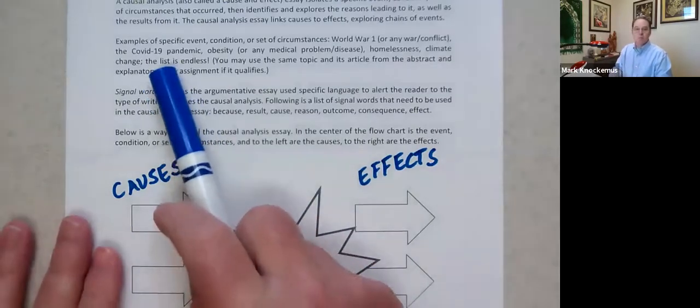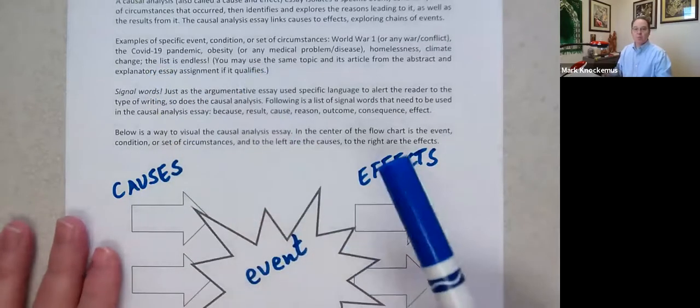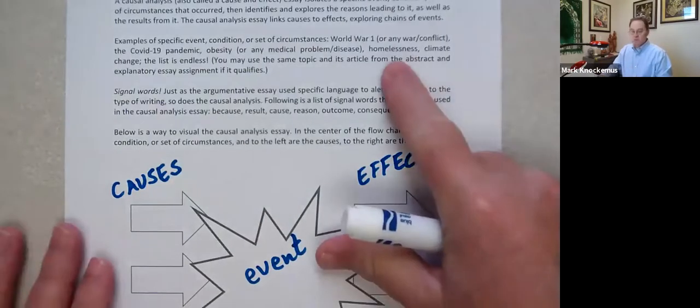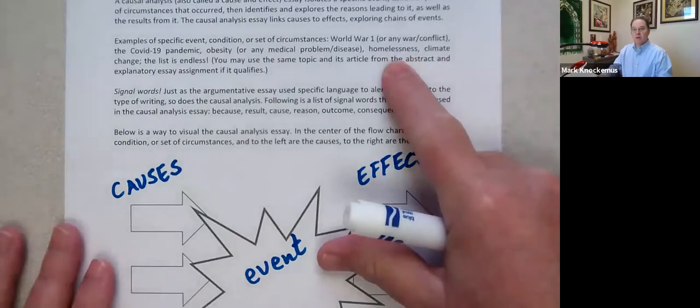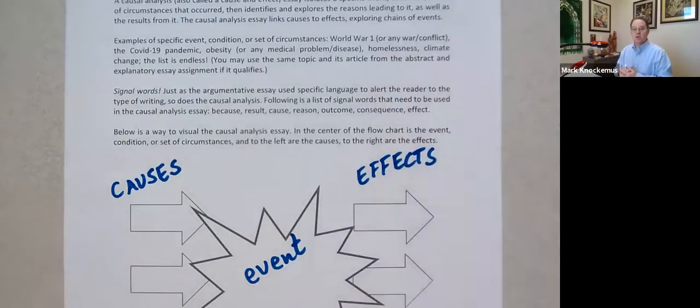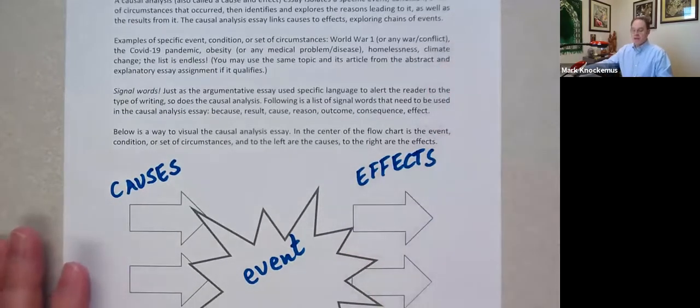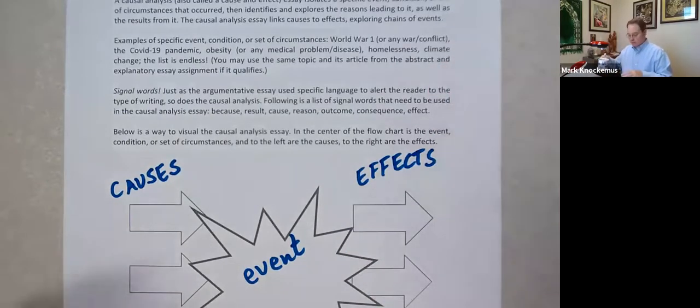Some other examples: COVID-19 pandemic, any medical problem or condition or disease. Homelessness would be an example of something you might use in a sociology class. Climate change, a science class. And really, if you think about it, there's an unlimited number of topics that you can use for the causal analysis.